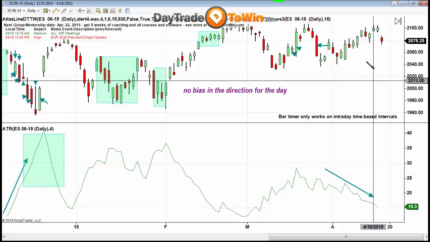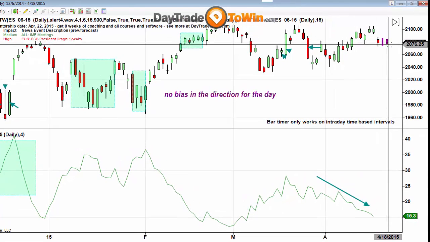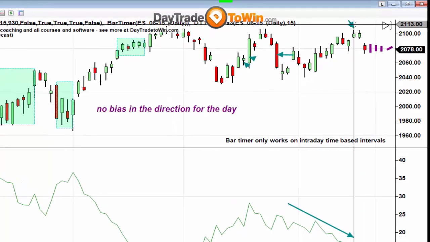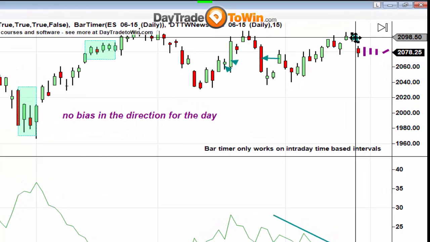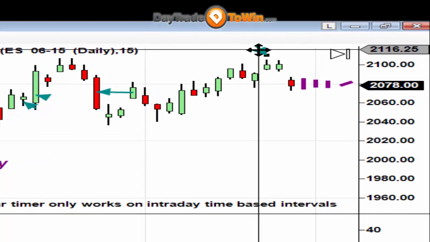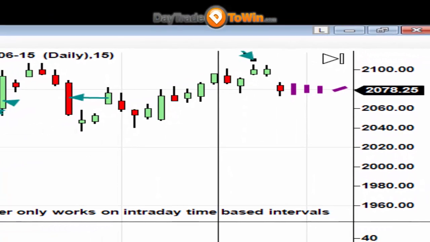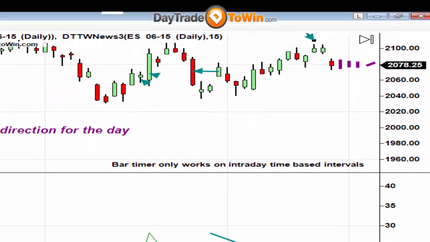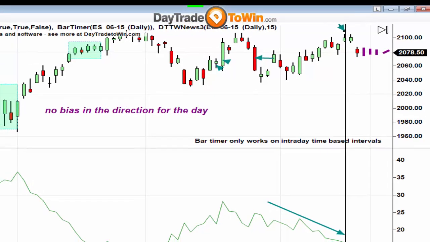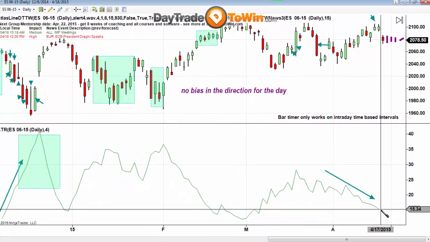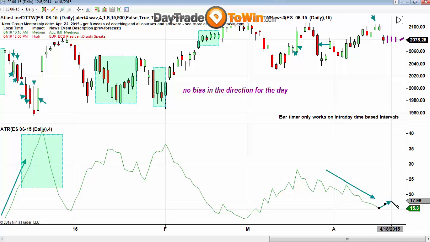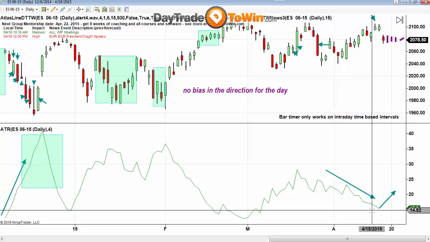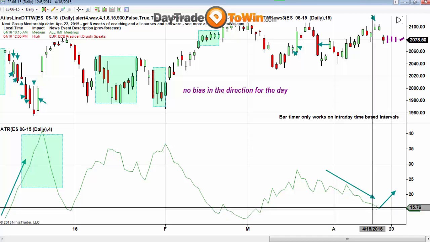Because remember, look at this, it's getting smaller and smaller. These candles are getting tighter and tighter because it's dropping off this candle and adding on this one, and every subsequent candle is getting smaller. So now you know that the cycle will only change if you see the ATR begin to rise. You know that you're going to have larger and larger days consecutively occurring.